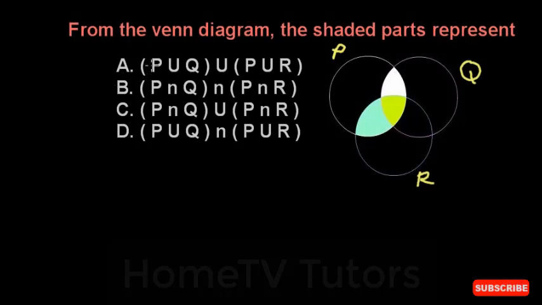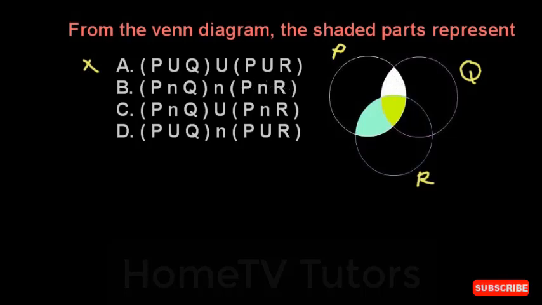Okay, so A is a wrong answer option. Okay, so let's go to the second, B answer option, P intersect Q. P intersect Q means the common part between P and Q, which is this white shaded part. Okay, so that is correct.